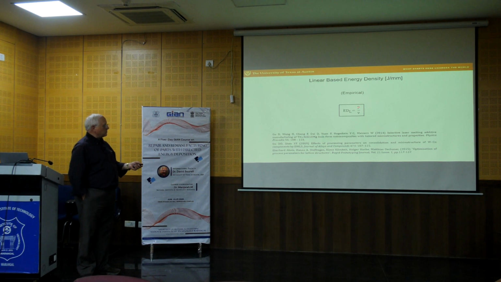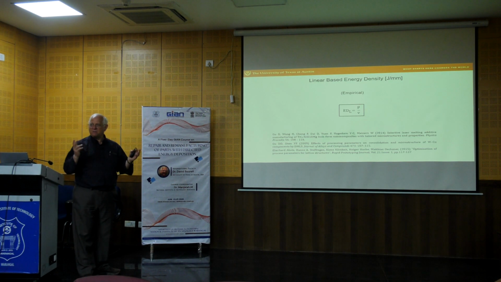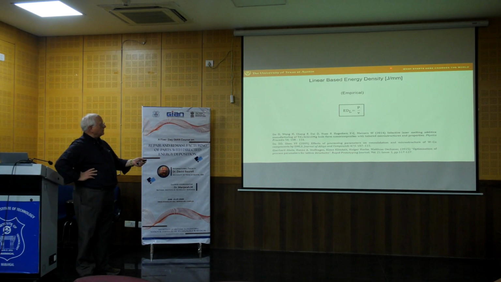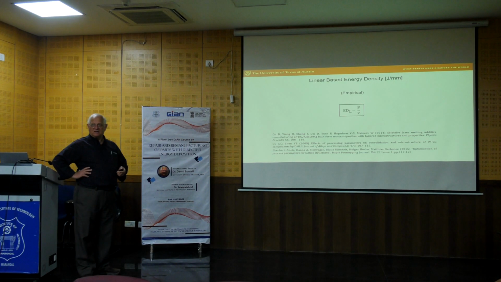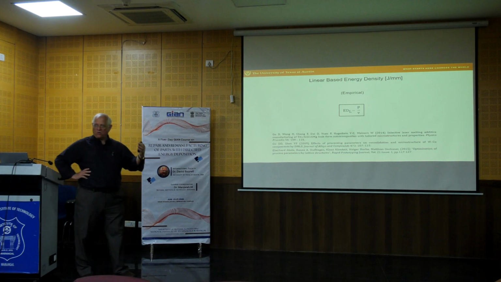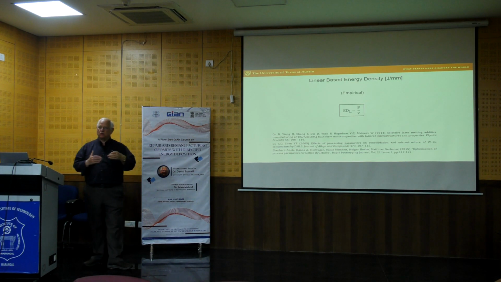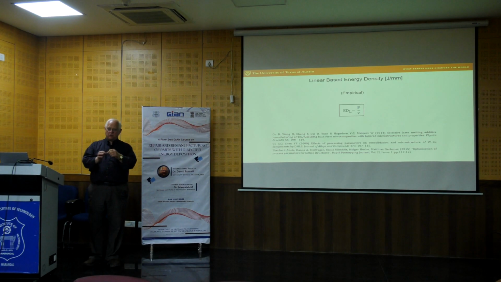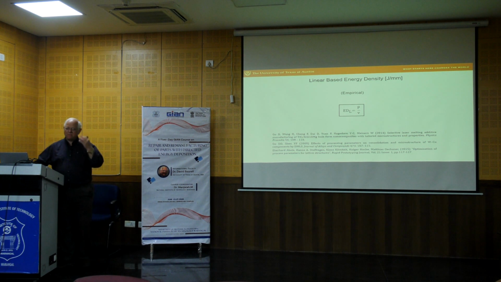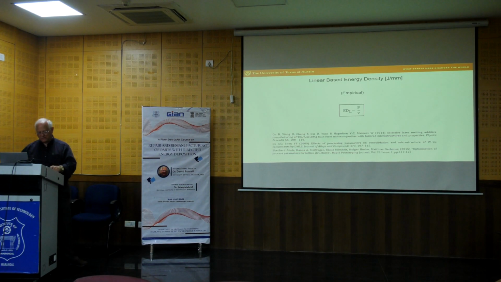They simply say, let's take the power divided by the velocity and be done with it. And what it gives you is an energy per unit length. So it's not a volume form or an area form, it's energy per unit length, so many joules per millimeter. You imagine the beam runs along a line, and along that line, for every millimeter, so many joules are being deposited. So it makes intuitive sense, but it's not very popular.